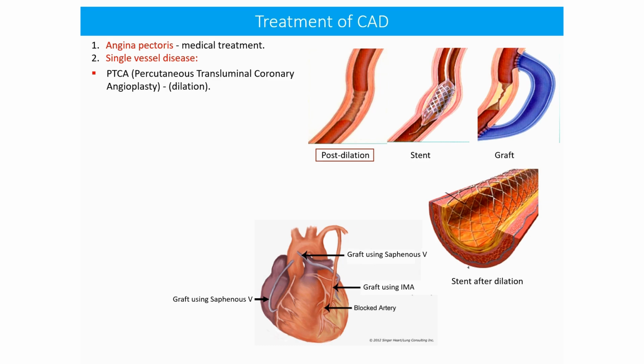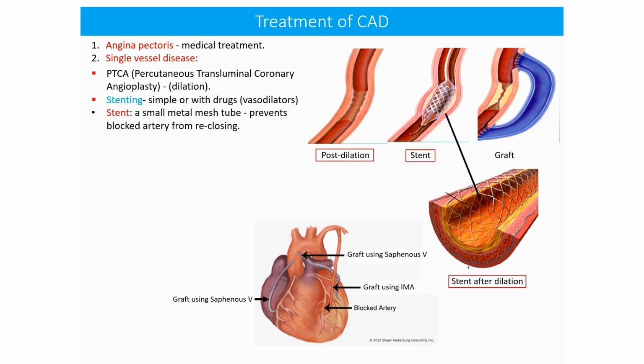In this case, either the vessels are dilated through percutaneous transluminal coronary angioplasty, or stenting is performed, which may be simple or with drugs. A stent is a small metal mesh tube which prevents blocked artery from reclosing.